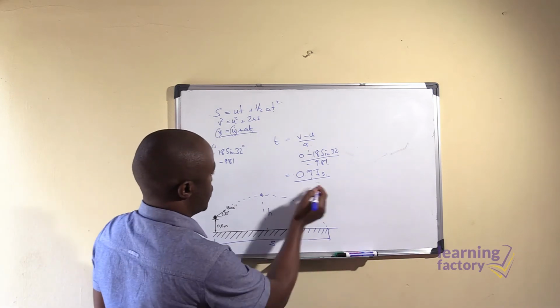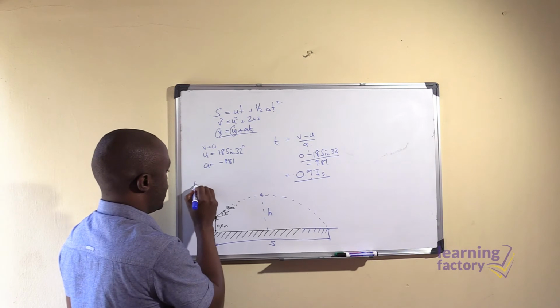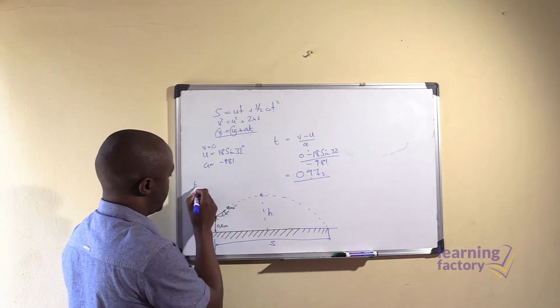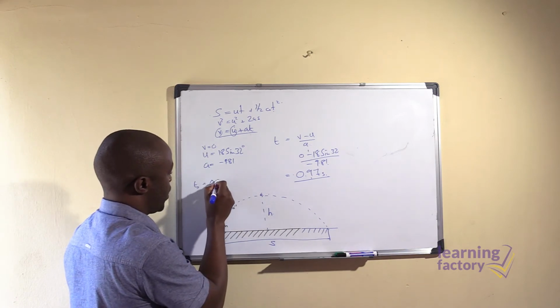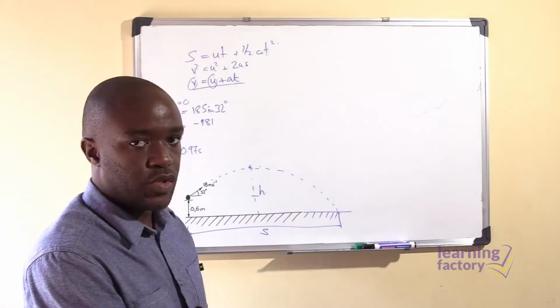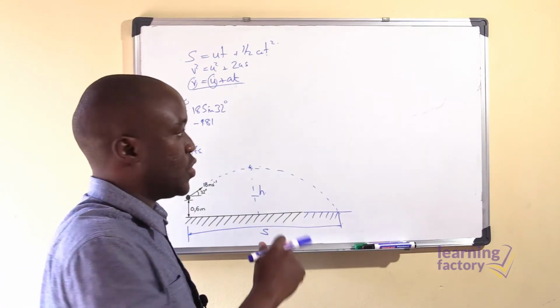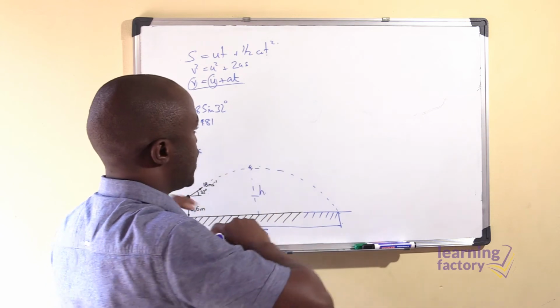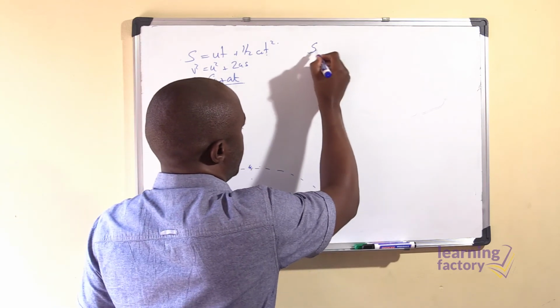We'll put this to the side, t, and we'll call it t naught, is equal to 0.97 seconds. To calculate the value of h, we're going to use our formula s equals ut plus half at squared.